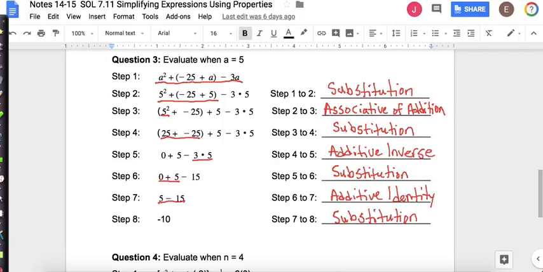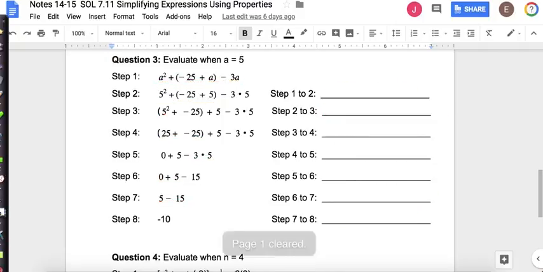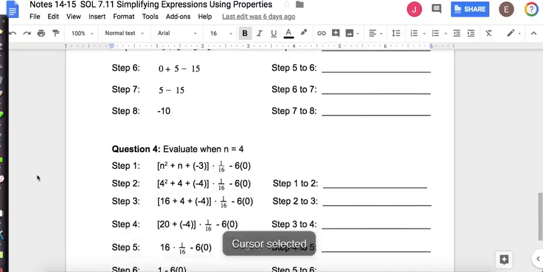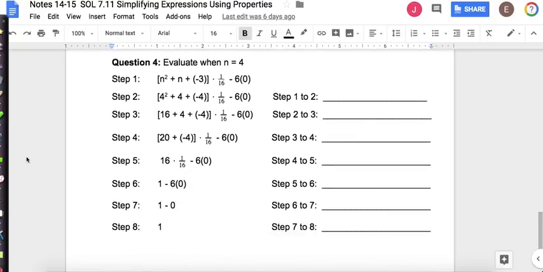So let's look at the fourth and final example. Question 4 says evaluate when n equals 4. So we notice in the first step here that the n squared was replaced with a 4. So we call that substitution.